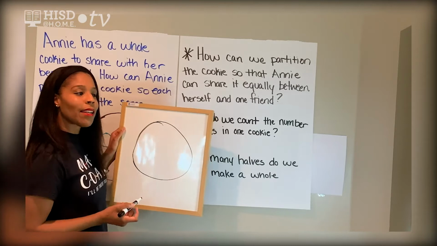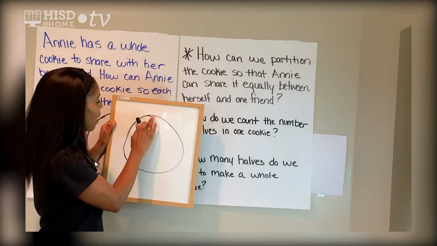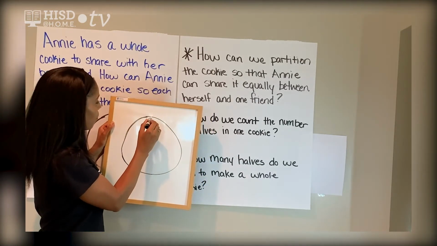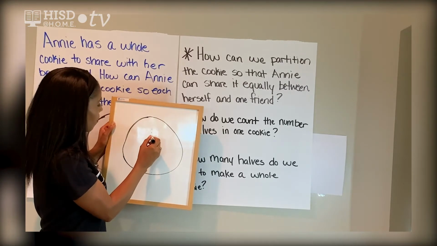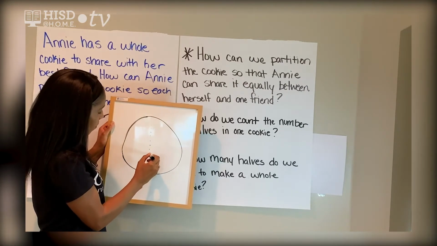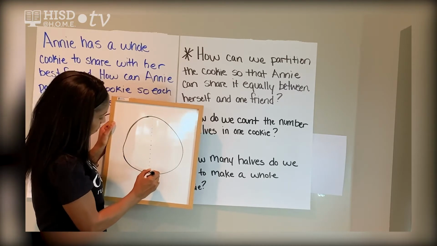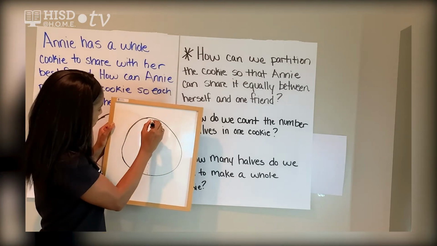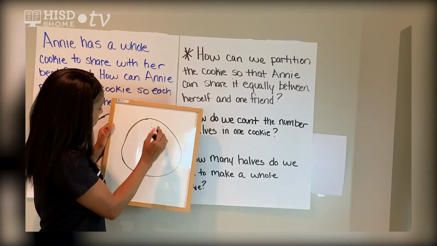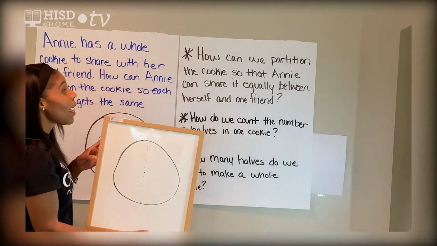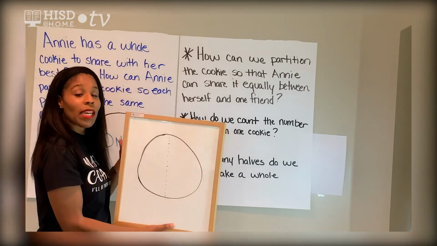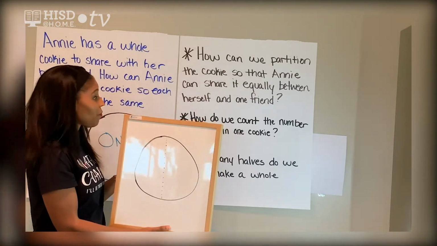I'm going to use some dotted lines to draw down the center of my circle. So there's my dotted line down the center of my circle. So now I've partitioned my circle into 2 equal parts.